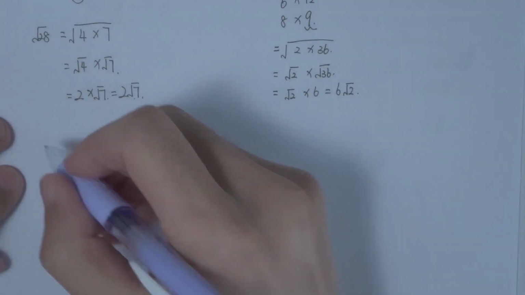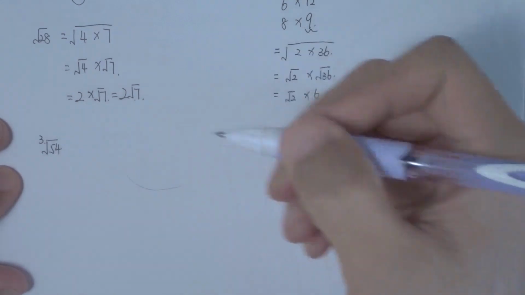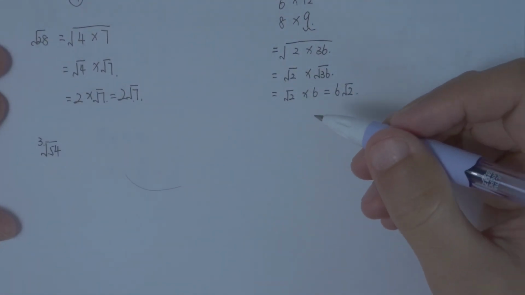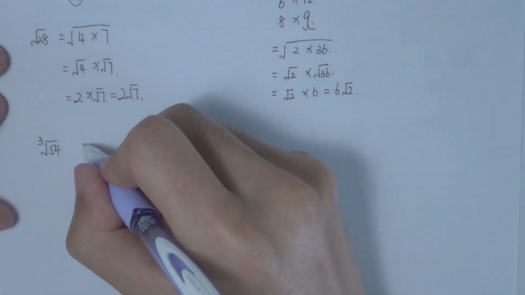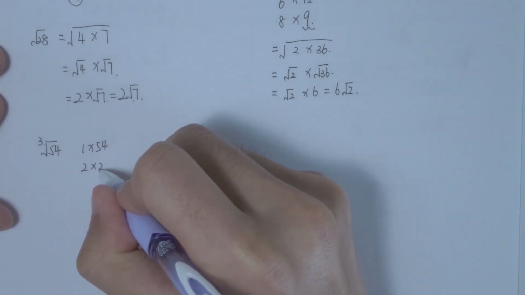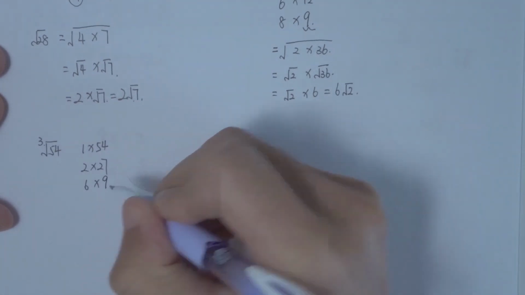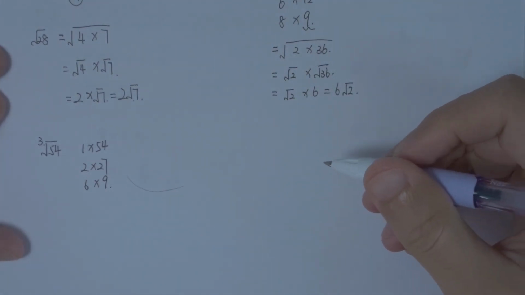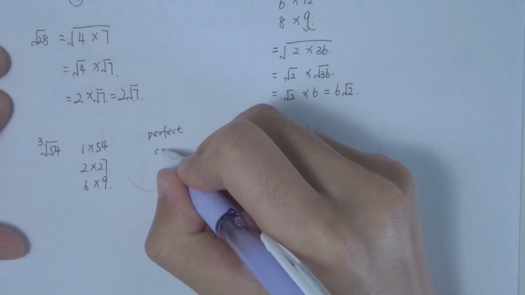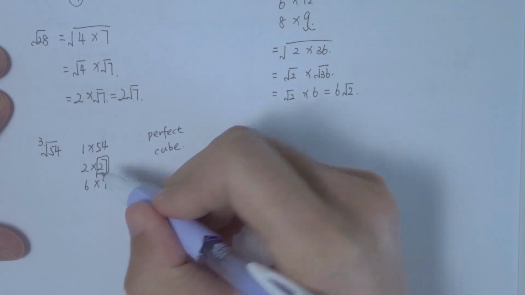The first example is the cube root of 54. In the same way, we need to find the factors: 1 times 54, 2 times 27, and 6 times 9. And this time we need to find the perfect cube, and we find 27.